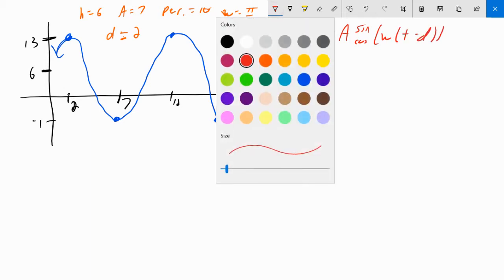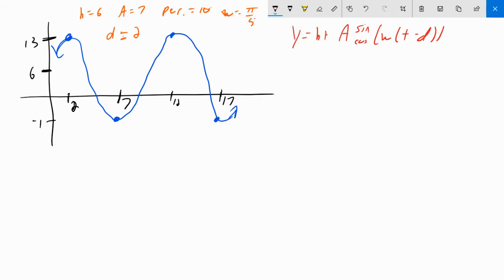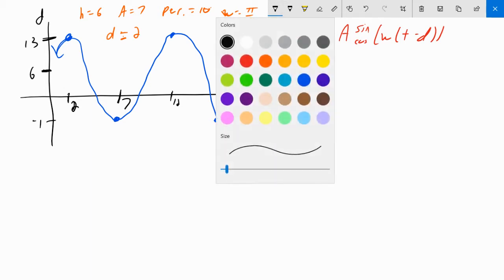This particular problem was using a d-axis for distance and a t-axis for time. If you don't do that, I'm not going to count you off, but it is nice to be consistent with what the problem's asking for.